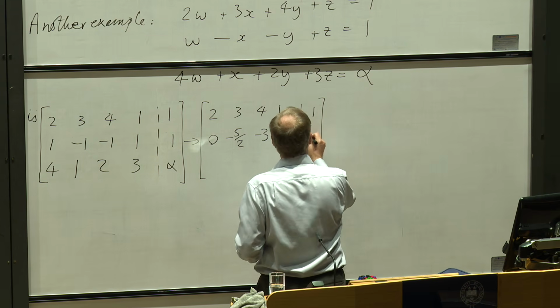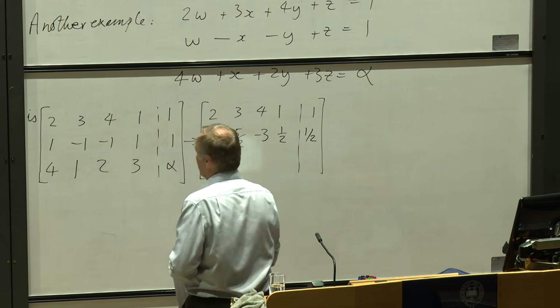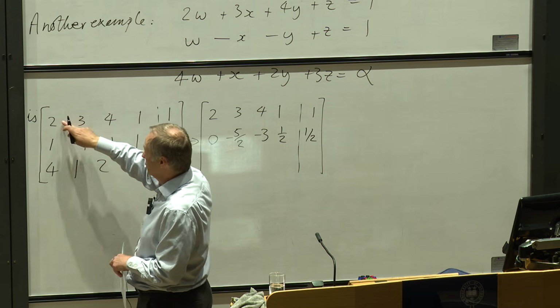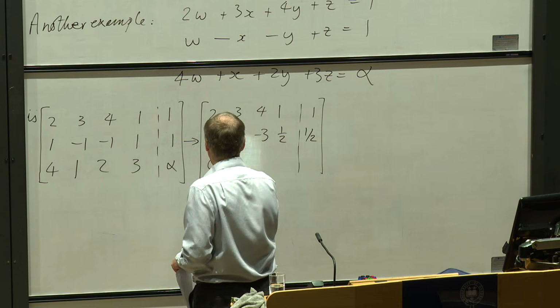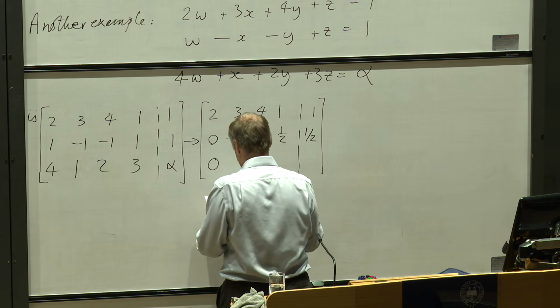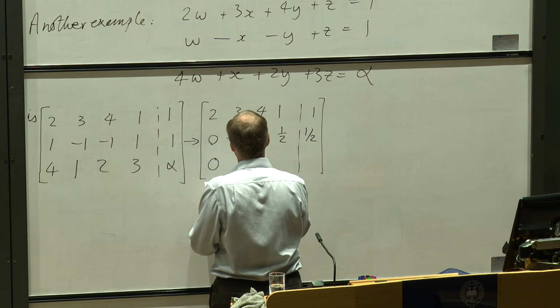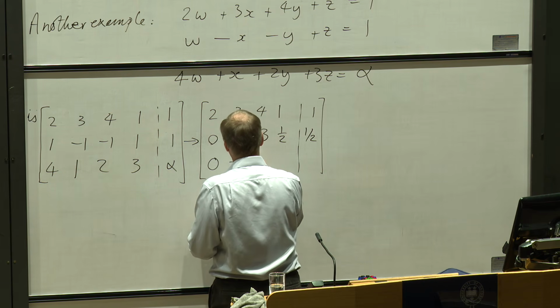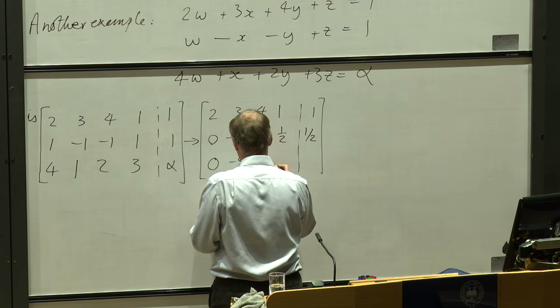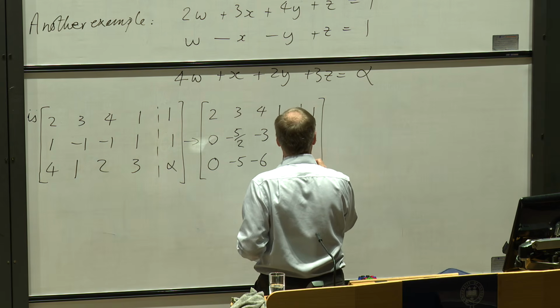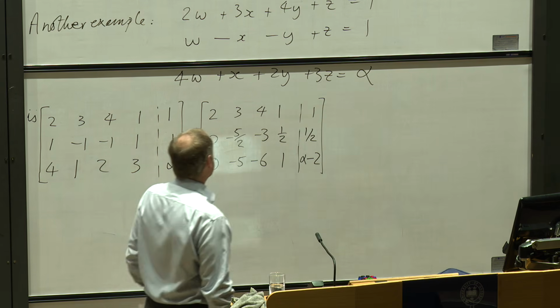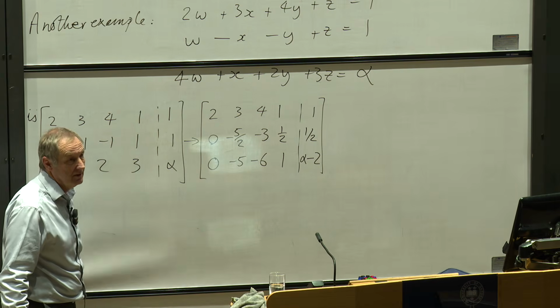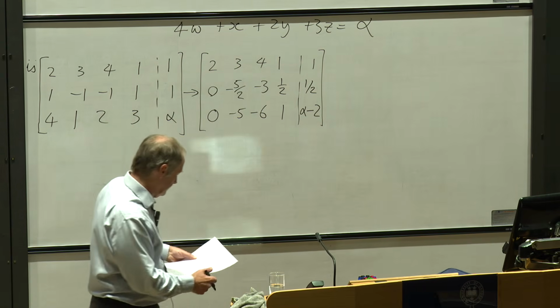This is a half. And then I'm going to take twice that row from that row, and I'm going to get a 0 there. And then I get these numbers, I think. I get 0, minus 5, minus 6, 1, and alpha minus 2. That's the first stage of Gauss elimination.